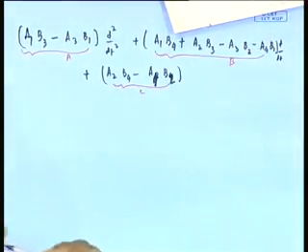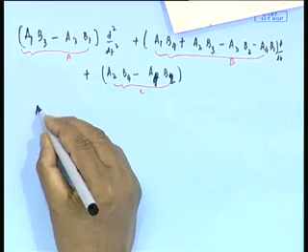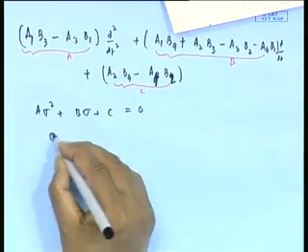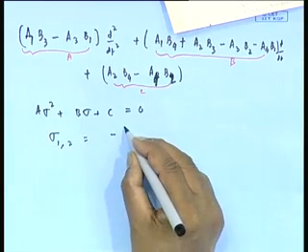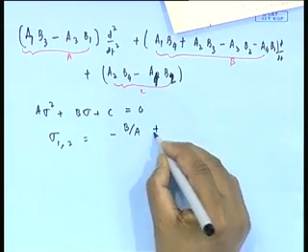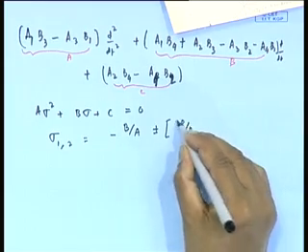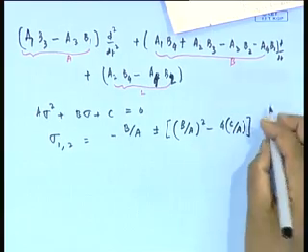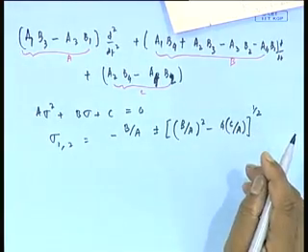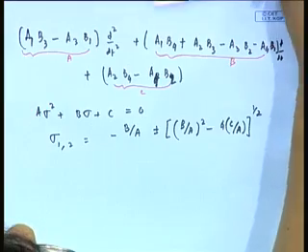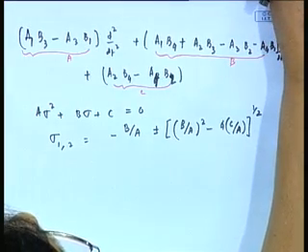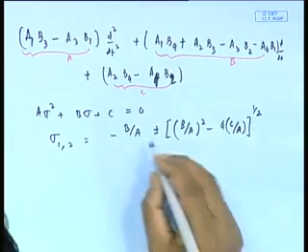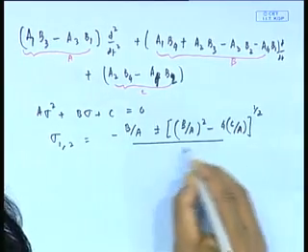What is sigma 1 sigma 2 then? A sigma 1 square plus B. So, sigma 1 2 are minus B by A plus minus the square root, by 2, let us say, well, we can put half here, not by 2.